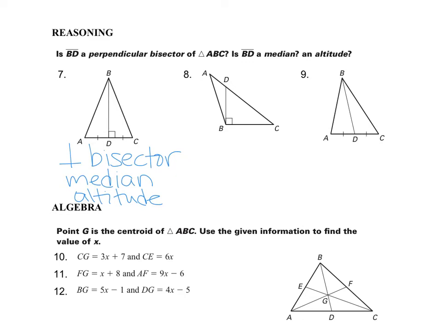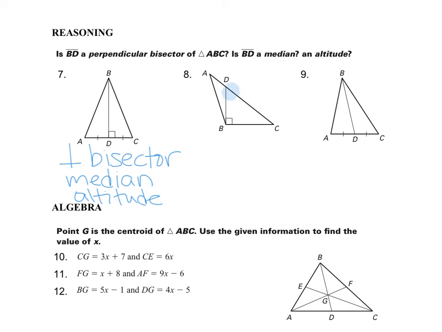In the second one, we are going from a vertex to the opposite side, but the perpendicular part is not at the right location. It needs to be on this side over here.